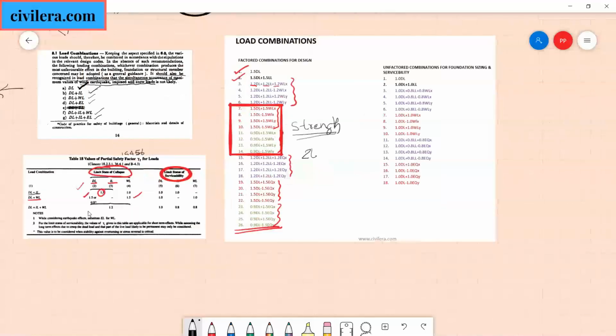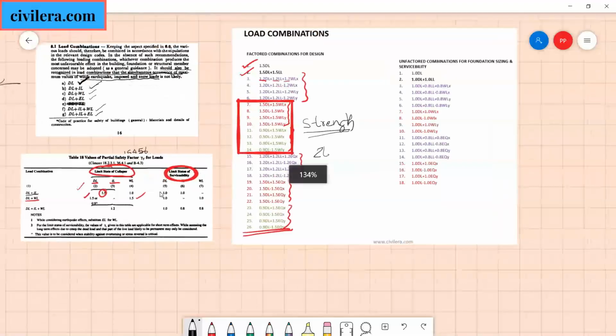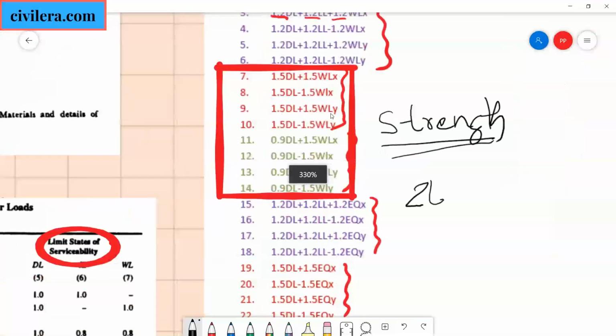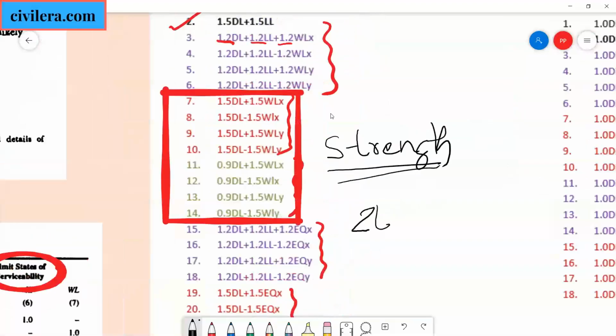That is, you have a factored combination, you have an unfactored combination, and why do we need that? Now coming back to our point of interest. Now my question is, here you have a combination 1.5 dead load plus 1.5 wind load. I will mark here this combination.